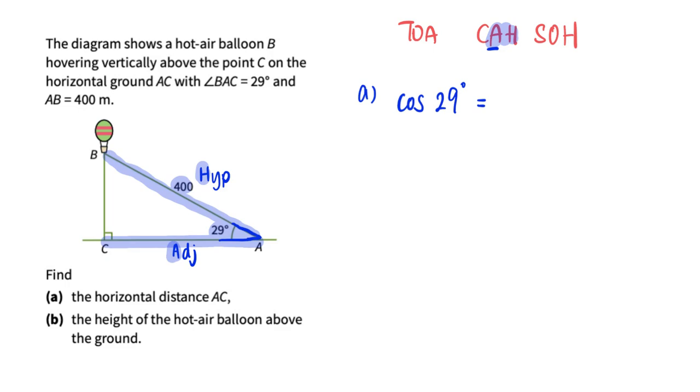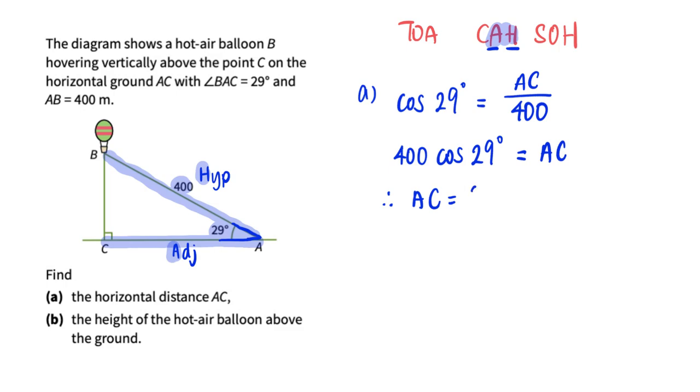A, which is my AC, divided by my H, which is 400. And so from here, when I multiply 400 on both sides of this equation, I will be able to find the value of AC.